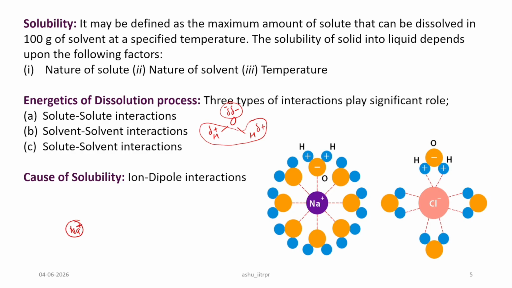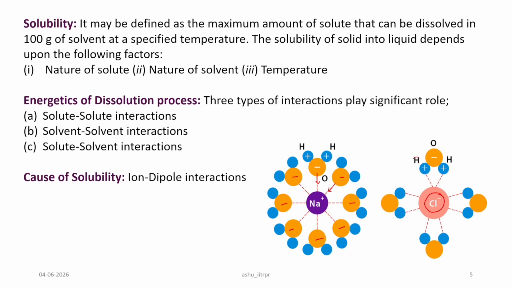So this generates a sort of dipole. Since Na is plus, the negative end of oxygen is tilted towards the positive charge. All these oxygen atoms with negative charge are pointed towards sodium, whereas chlorine is negatively charged.